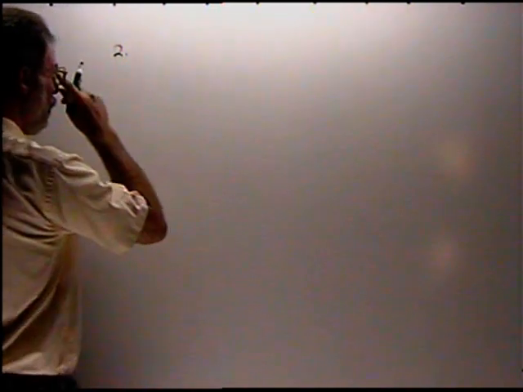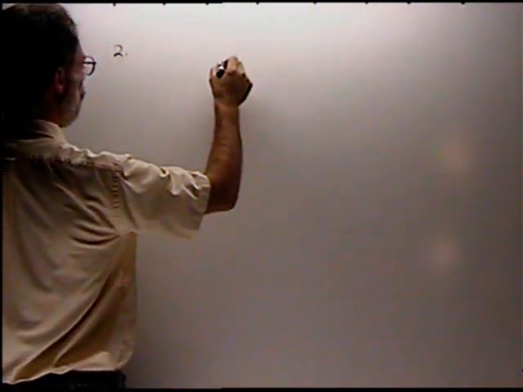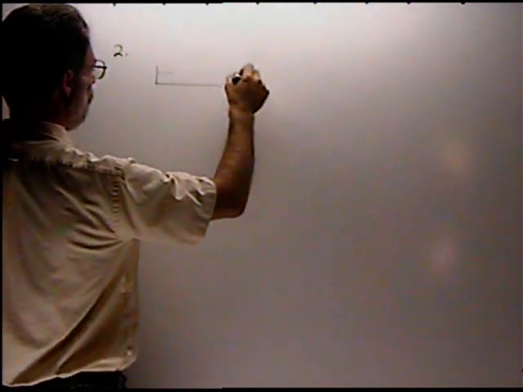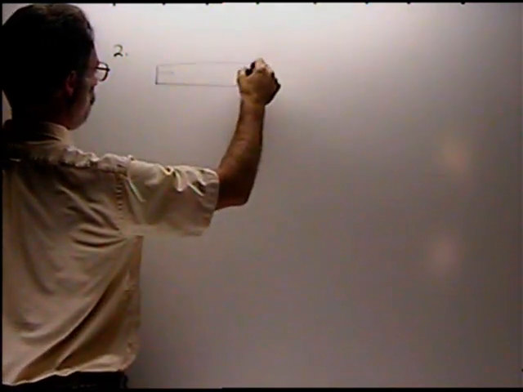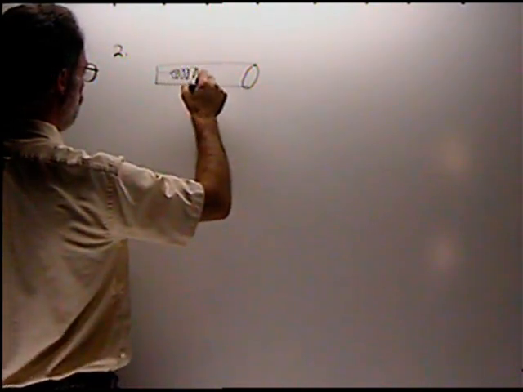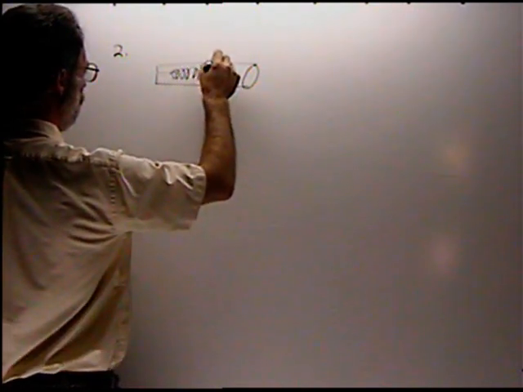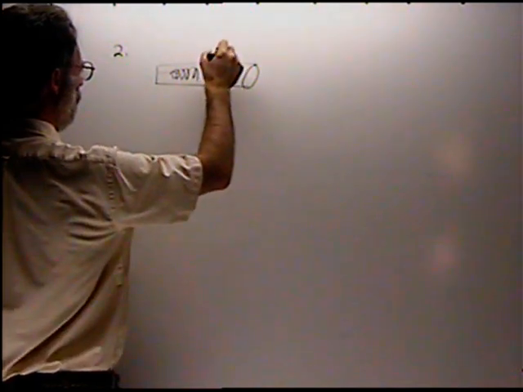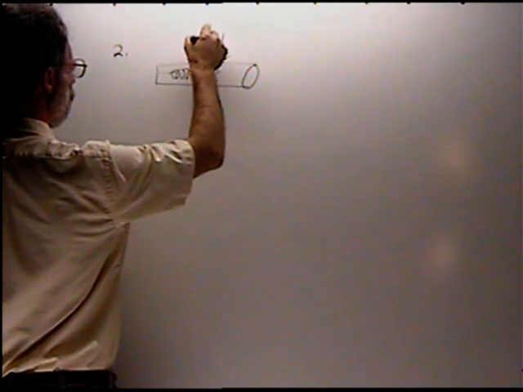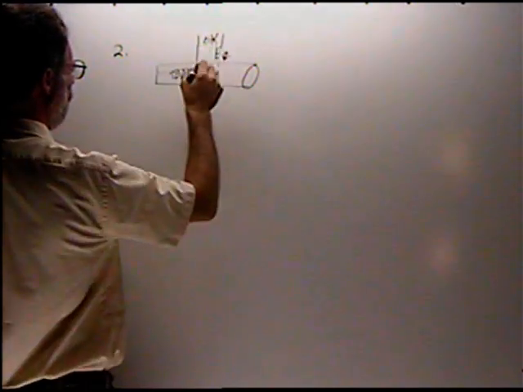Basically, you have a spring-loaded gun, and I'm going to draw it like this. There's a spring here that's compressed. Normally the equilibrium position is here, but it's compressed a certain amount.